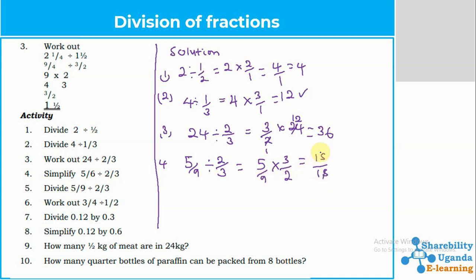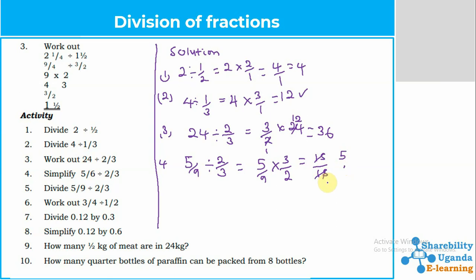We can still reduce this because 15 and 18 have a common factor, which is 3. When we divide this by 3, we shall get our 5 here. Also here by 3, what do we get? 18 divided by what? 18 by 3, what do we get?